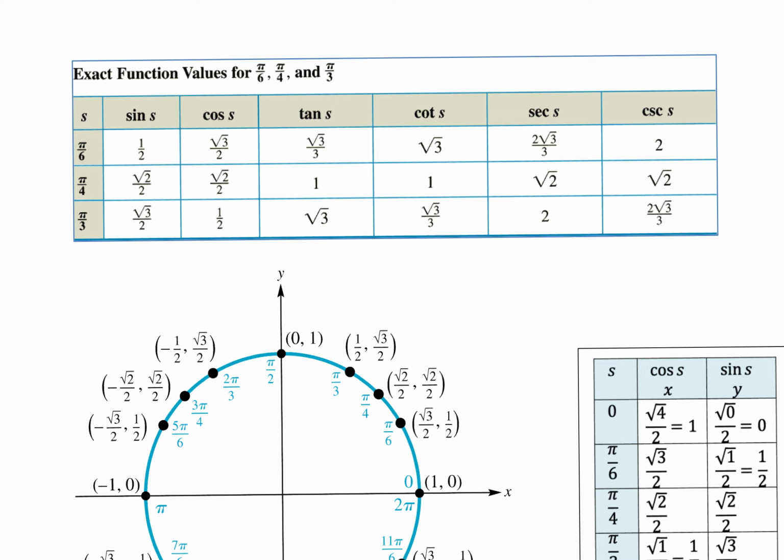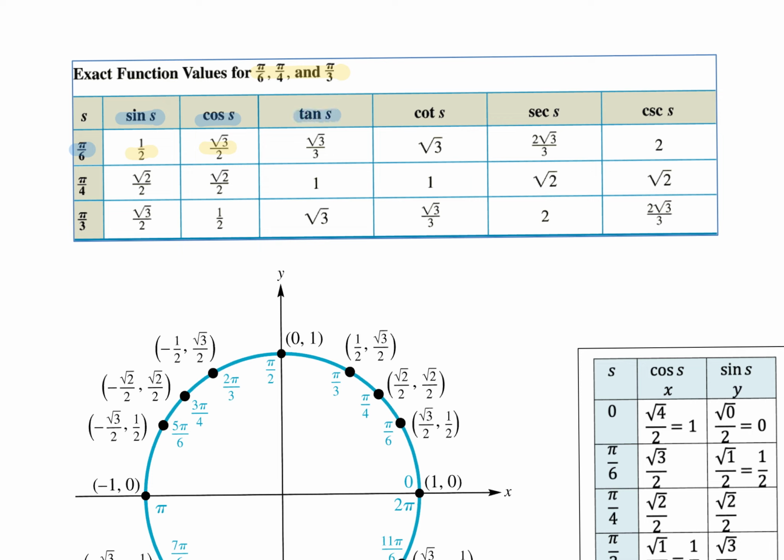So recall we already had 0 and pi over 2. So in the first quadrant, we already know the value for 0, but let's look at pi over 6. So if we have an arc length of pi over 6, the value for sine is going to be 1/2. The value for cosine is going to be square root 3 over 2.